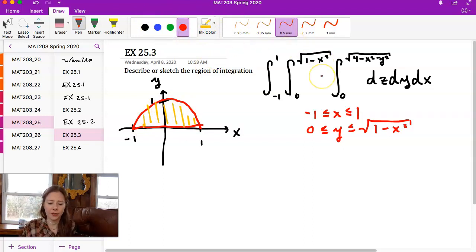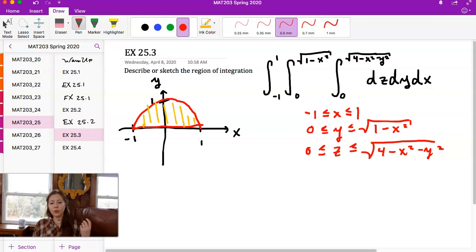And then if we think about z, like thinking about this now in 3 dimensions, our minimum is going to be 0 is less than or equal to z is less than or equal to the square root of 4 minus x squared minus y squared.